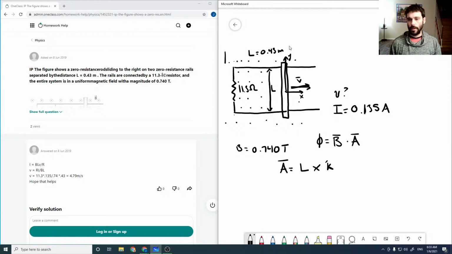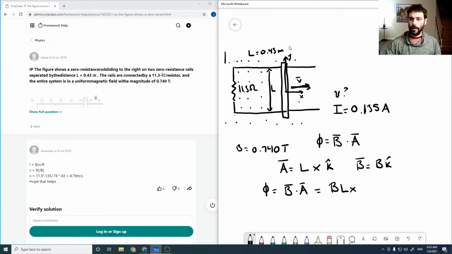So the area is k hat, and our B field is B k hat, as it's all coming out of the page. So our flux is B dot A, and k hat dot k hat is just 1, so we can write this as BLX.